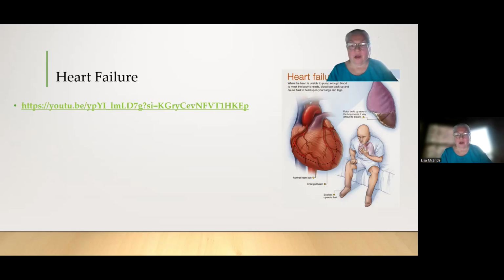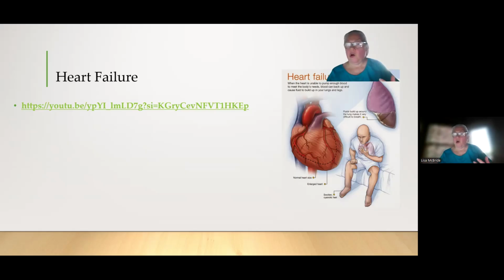Okay, afterload. That's the resistance the ventricle must overcome to eject blood. For the left ventricle, it's systemic vascular resistance, and for the right ventricle, it's pulmonary vascular resistance. So the left ventricle has to be able to push against the pressures that are in the body.